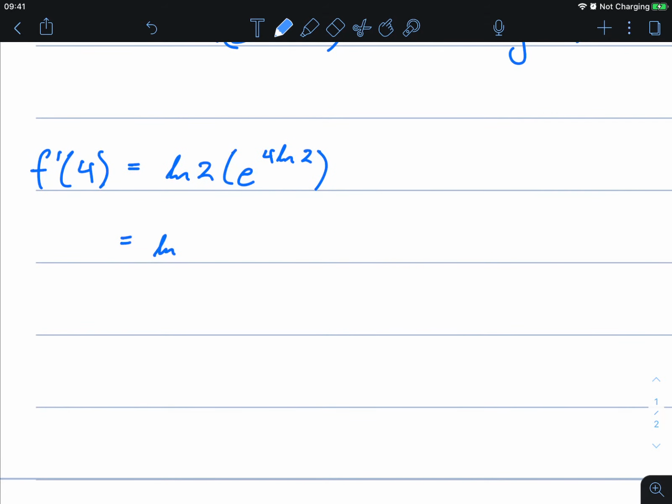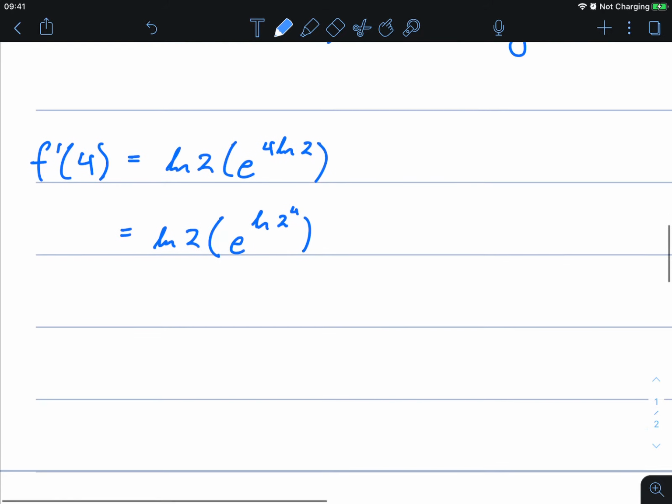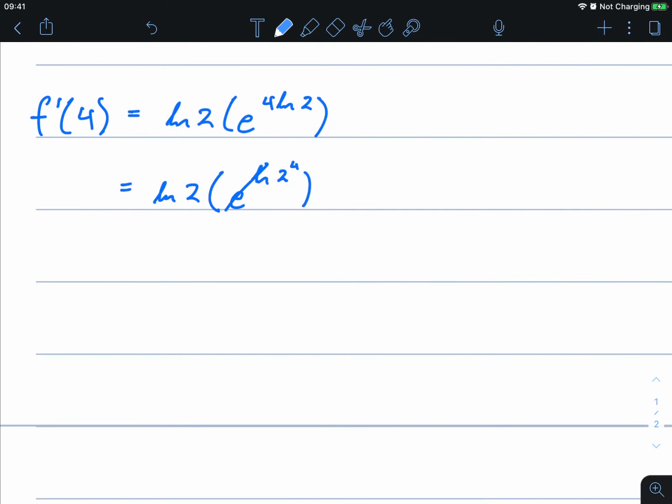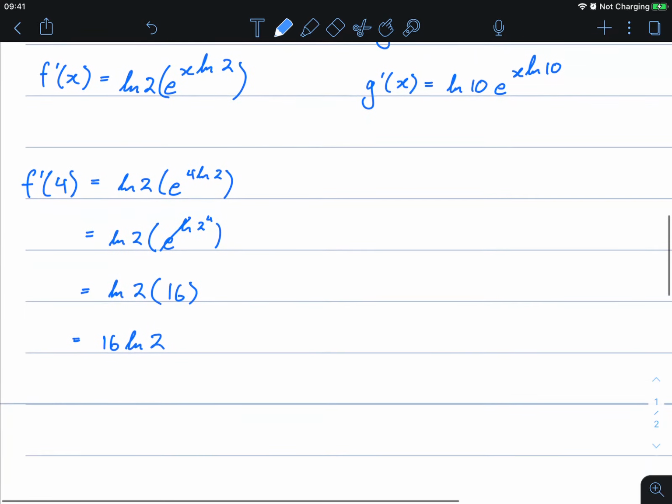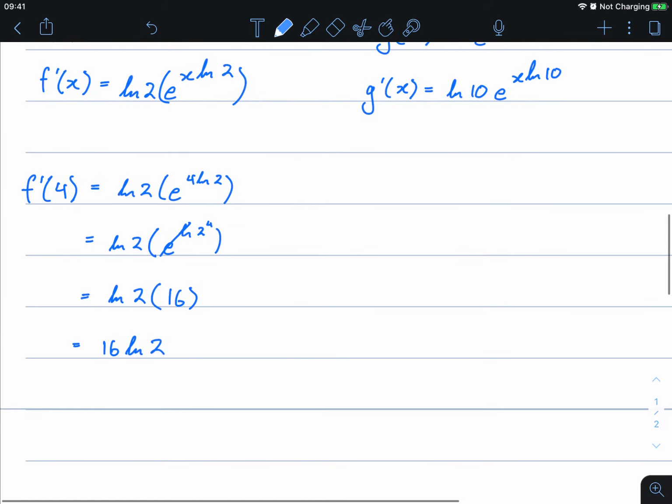This is ln of 2 e to the ln of 2 to the power of 4. These cancel. 2 to the power of 4 is 2, 4, 8, 16. So ln of 2 times 16, or we can just leave this as 16 ln 2. And there we have it.